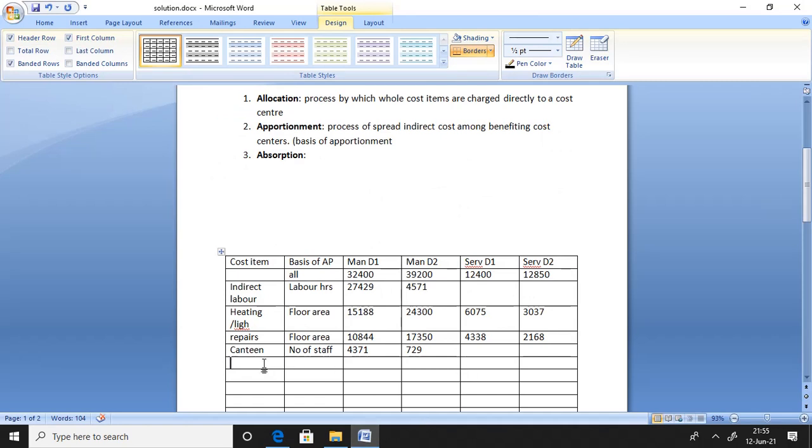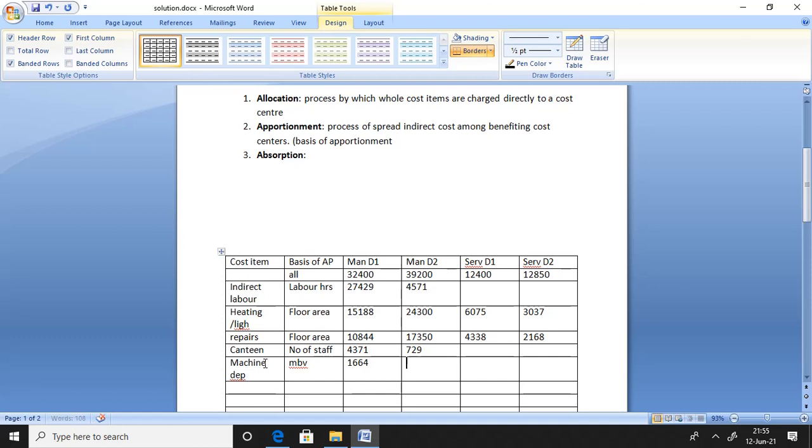So machine depreciation, basis of apportionment is machine book value. The first calculation there will result in 1,664.